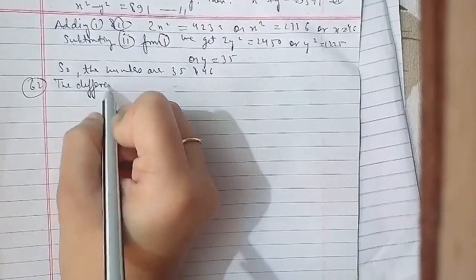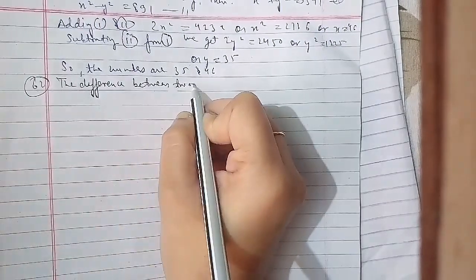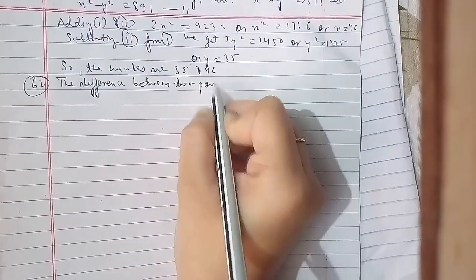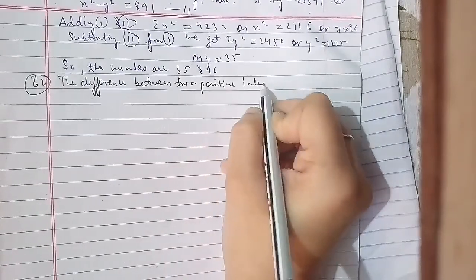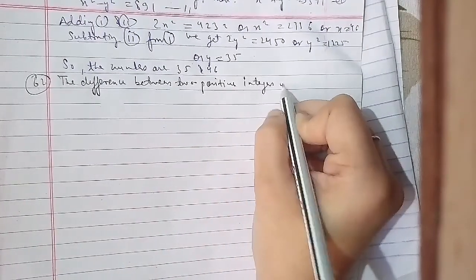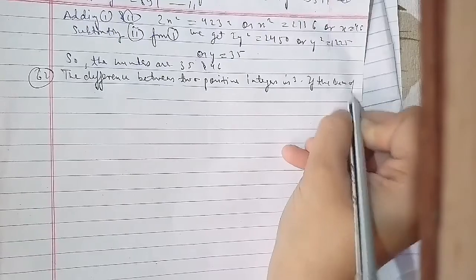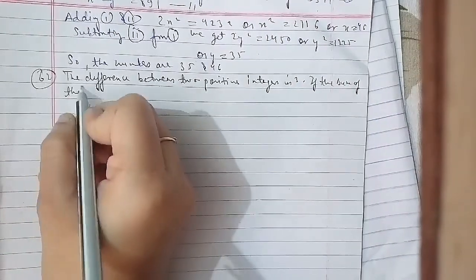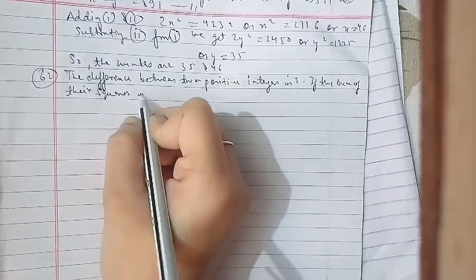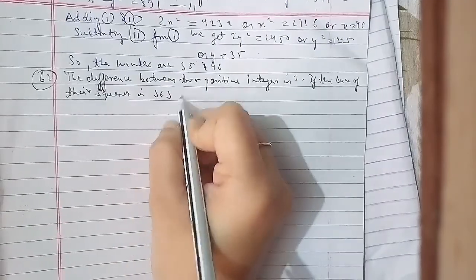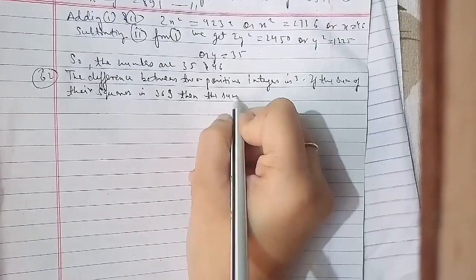If the sum of their squares is 369, then the sum of the numbers is, this has been asked in the SSC examination paper as well, and it is an important one here. For reference, let the numbers be x and x plus 3.